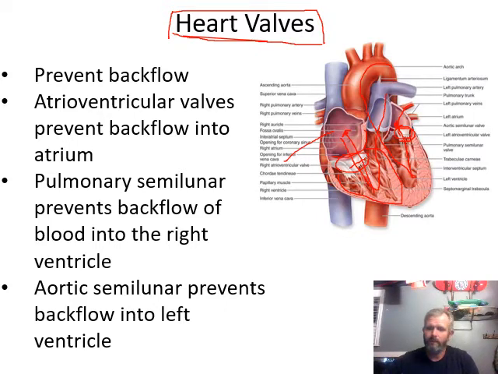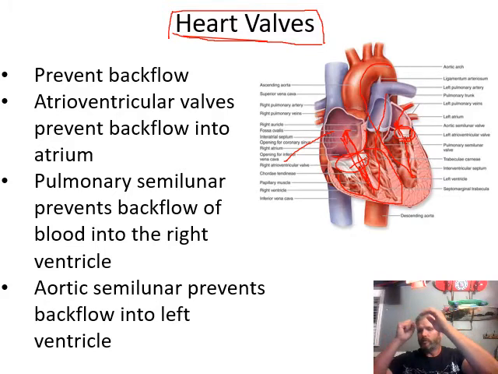Specifically, the right AV valve is to prevent blood flow from the right ventricle, when it's contracting, into the relaxed right atrium. What closes these valves is the blood trying to rush back, which snaps those valves shut. There are no muscles causing the closure.